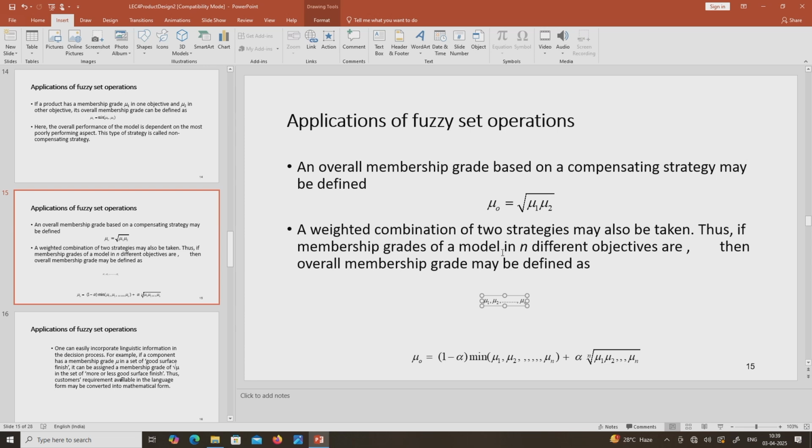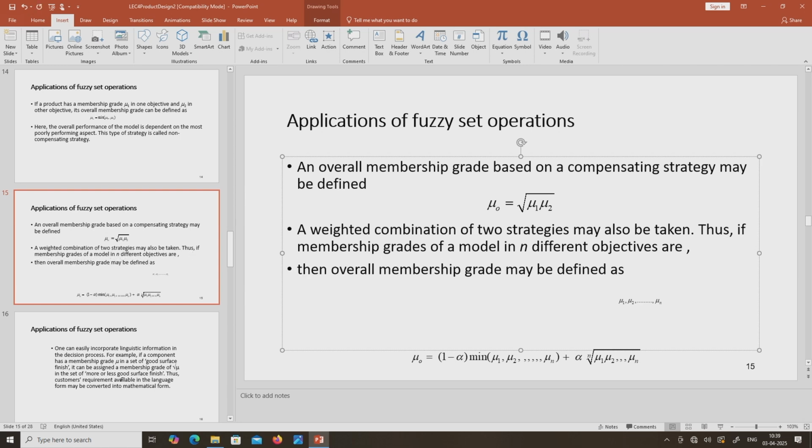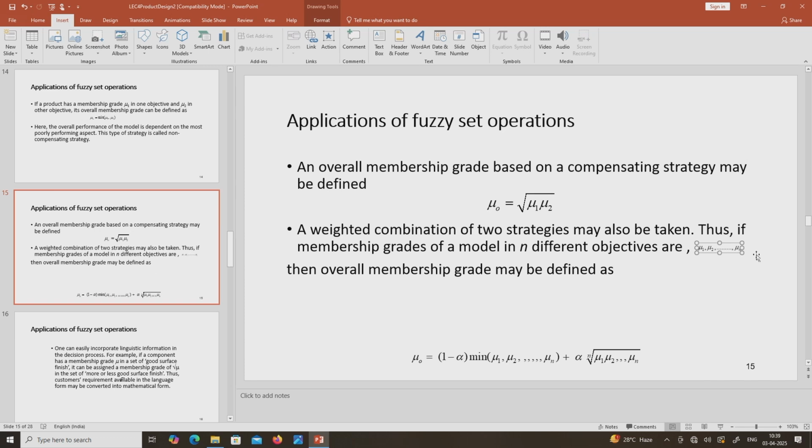Thus, suppose the membership grades of a model in n different objectives are mu1, mu2, up to mu n. Then the overall membership grade may be defined as mu0 equal to 1 minus alpha times the minimum of all the grades.